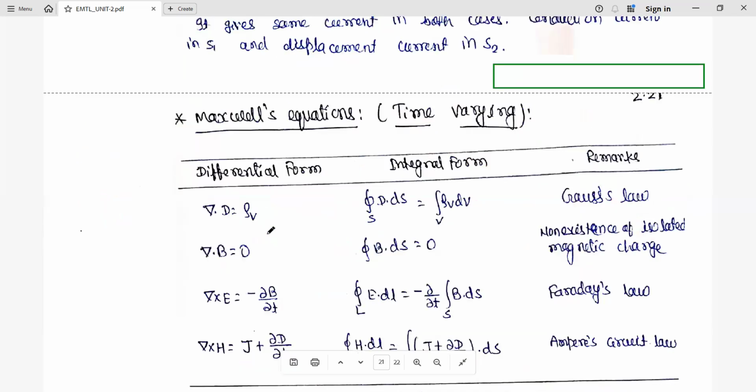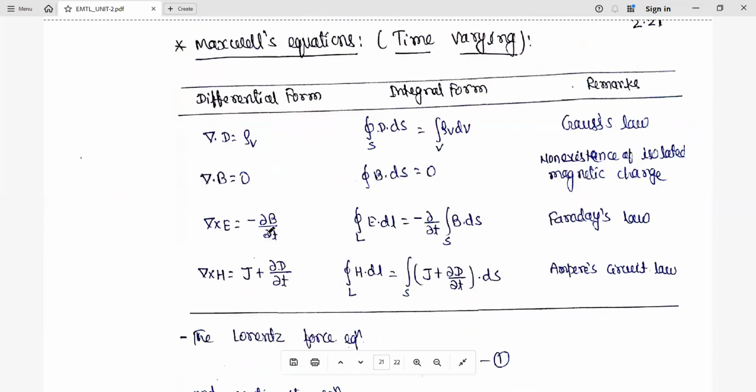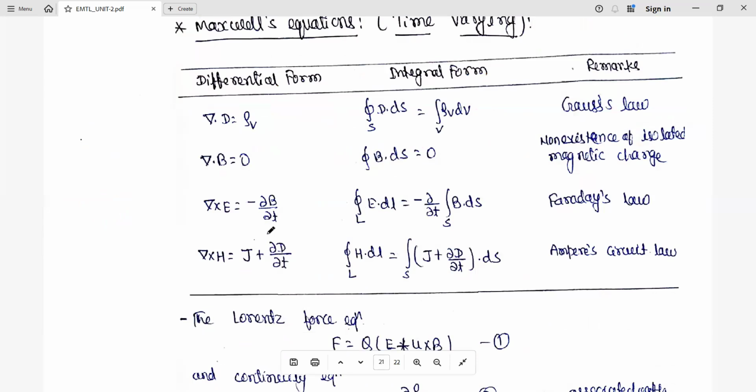The Maxwell equations in the time varying field, we have in the differential form as well as in the integral form. In the differential form, we have del dot D equal to ρV, and in the integral form, the integral of D·dS over the closed surface equal to the volume integral of ρV dV. This equation comes from the Gauss law.